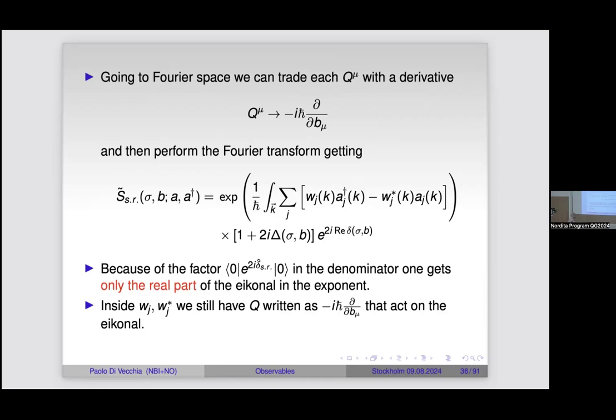Because of this factor, you get only the real part of the c-number eikonal. Inside this quantity there is Q, and you substitute Q with d over db, but d over db will act only on this quantity here, and you have to be careful that the 1 over h bar cancels the h bar in order to get a classical quantity.